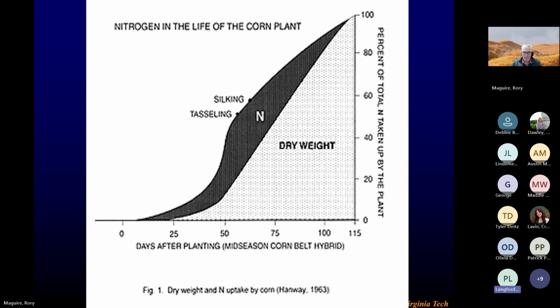And so the best times to apply nitrogen would be at the start of the season to ensure availability, and then at that middle tasseling phase, you would apply sidedress. That would be your main application, because that's when the crop would need nitrogen the most. Next slide, please.